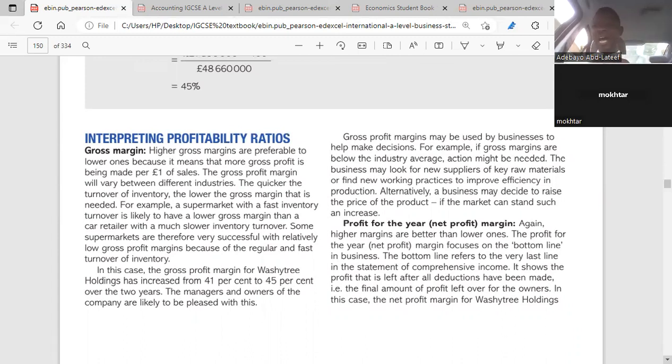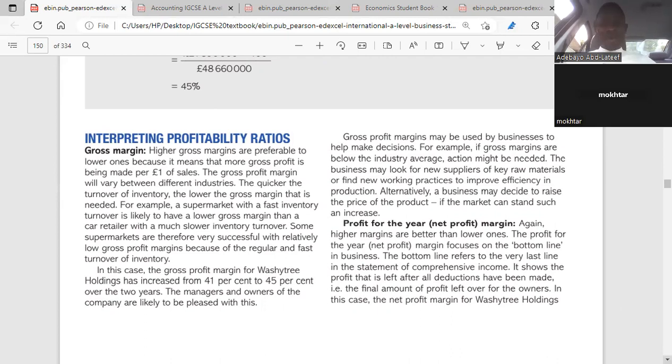How will your gross profit be high? Your gross profit will be higher if your sales increase. So for the interpretation of the gross profit margin, a higher gross margin means that more profit is being made per each sale. That's about the gross profit margin.